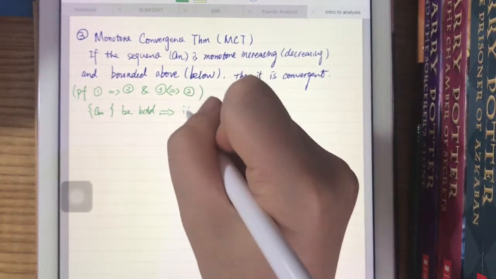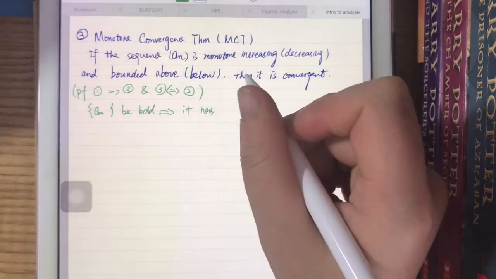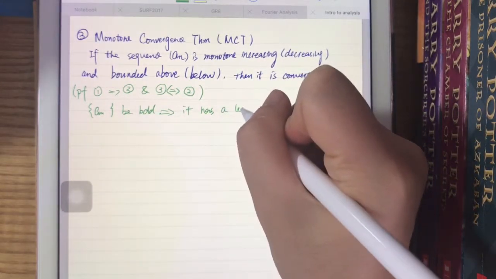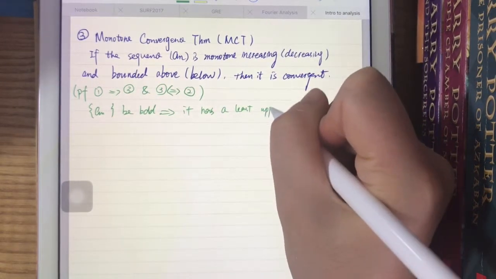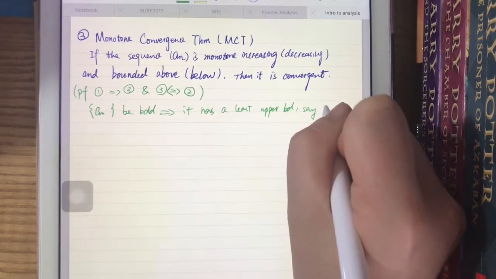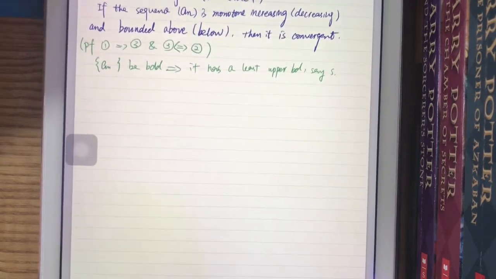The elements of An are all real numbers, so it has a least upper bound, say S. Okay, this is simply the result of the first property, the least upper bound property, right?